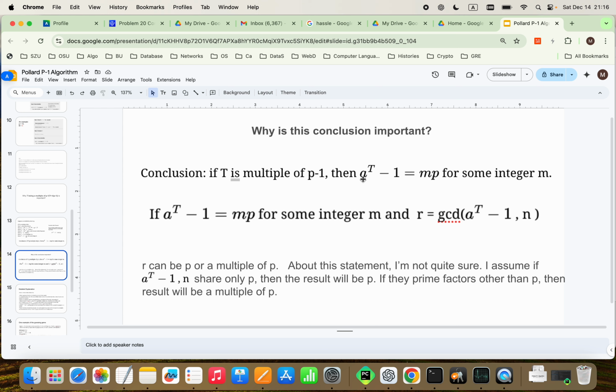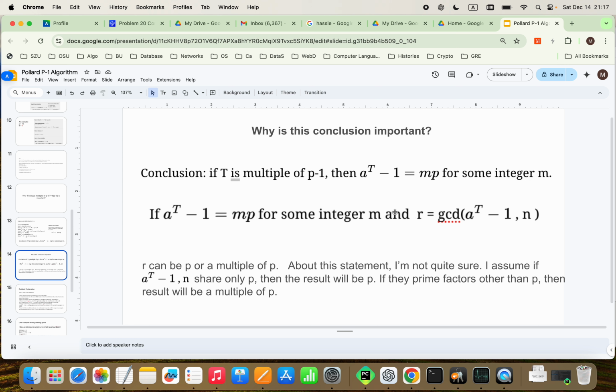Now we have that a to the t minus 1 is a multiple of p. Then this GCD of a to the t minus 1 and n is going to be an r.